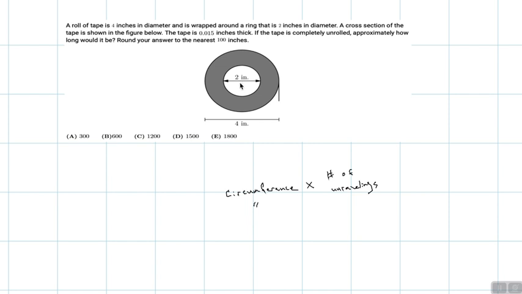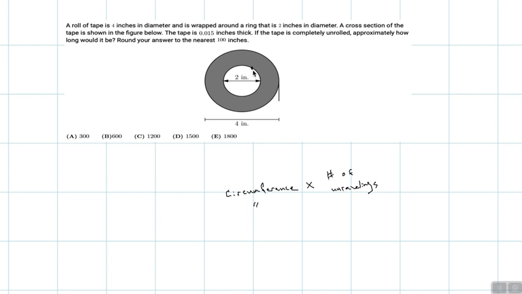So we're told that this diameter is 4, so essentially just 4 pi, but it's not, because as you unravel the tape, the circumference gets smaller and smaller because this tape is 0.015 inches thick. So after this first unraveling, the circumference is smaller by 0.015 inches. So we're unraveling this tape until we get to this circumference.